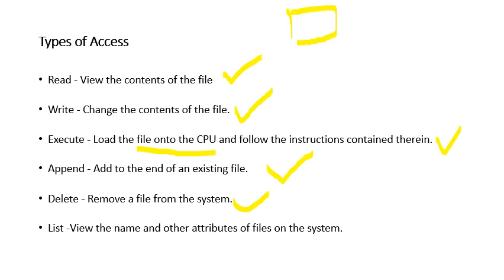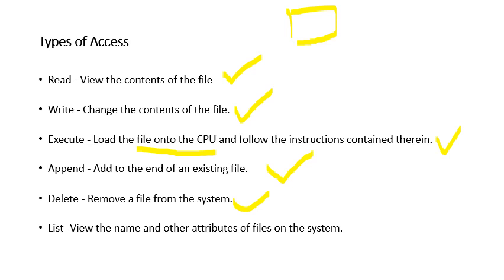Next is list. List means whenever the file is there, you can view its name, size, date modified, and when the file was created. So all these are the different types of access with a file.